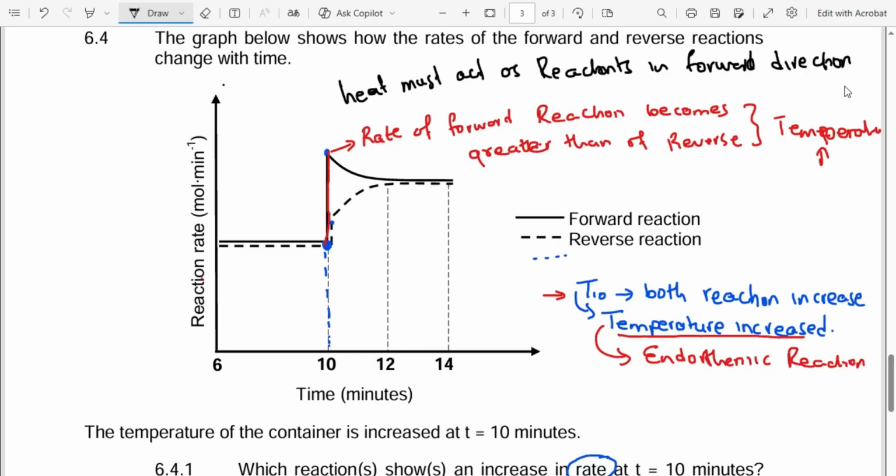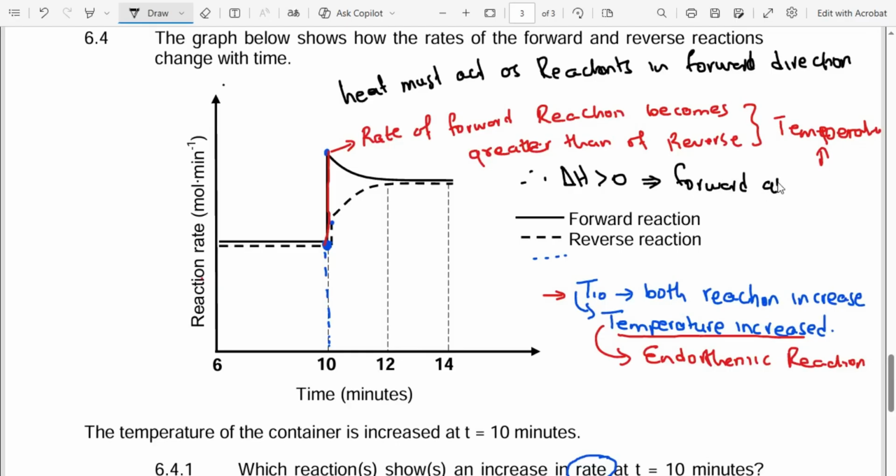If this does not make sense, please try to pause the lesson, think about it, okay? Therefore, since the heat must act as the reactant, we can conclude that our change in enthalpy, delta H, is greater than 0. If delta H is greater than 0, this tells you that the forward reaction absorbs the heat.